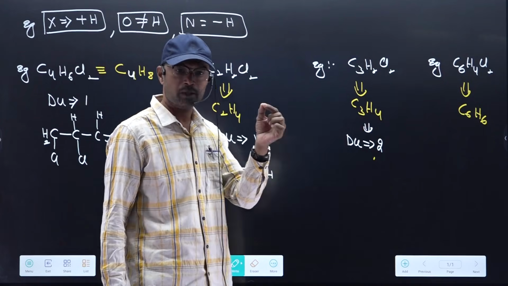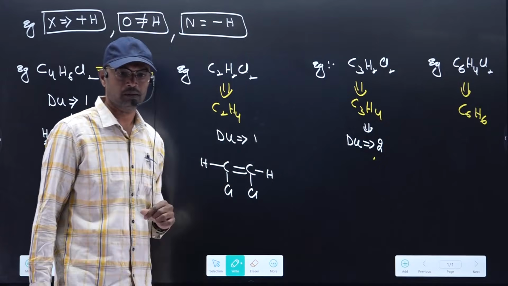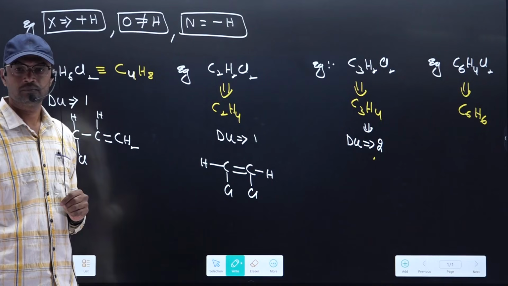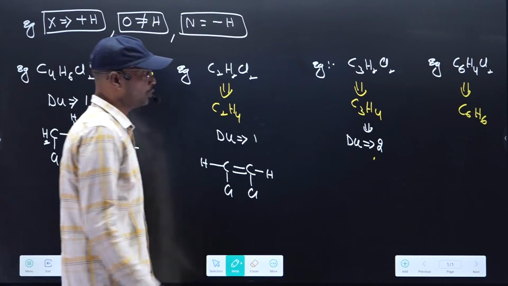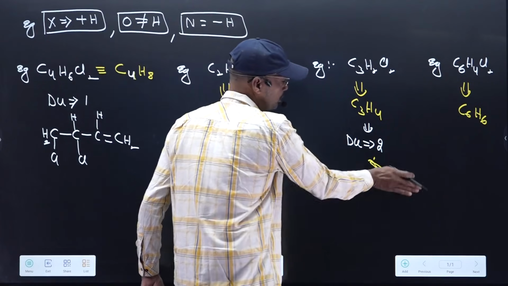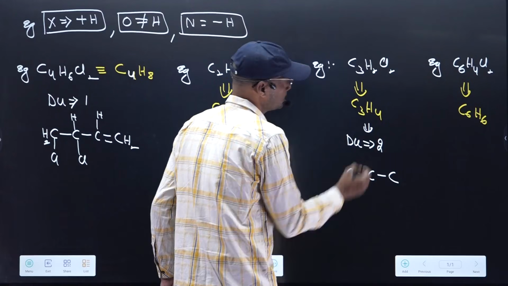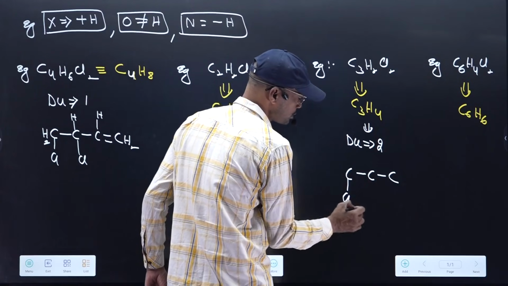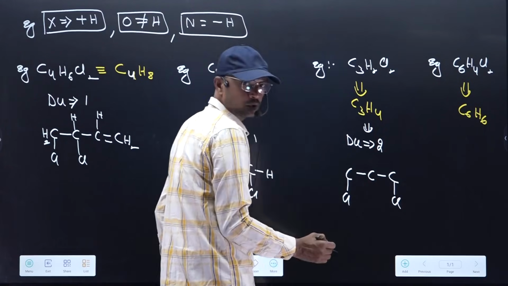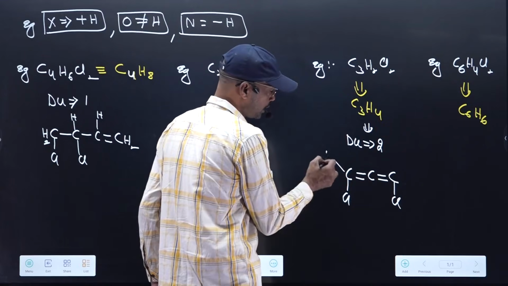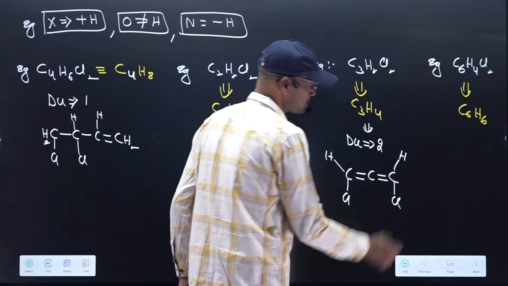Apply the 2N1 plus 2 minus N2 by 2 formula. Is it clear? Now Du 2 means what? How many carbons are given? 3 carbons, here 1, 2, 3. Here 2 chlorines are there. You can write 2 chlorines anywhere. If you want to match Du, here put one double bond, Du matching, 2 is over. Then here I can write one hydrogen, here also one hydrogen, that's it.